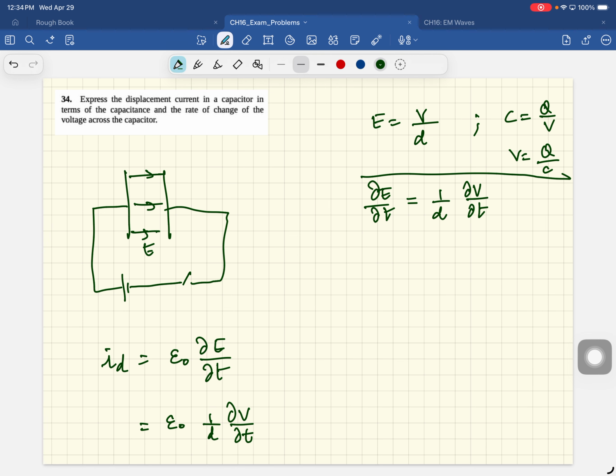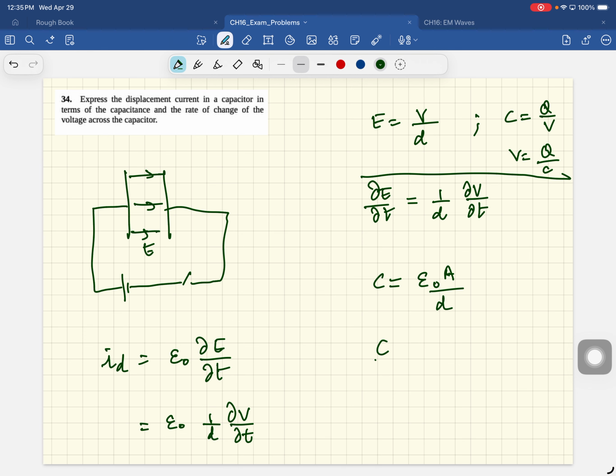Okay, so what do they want us to do? Express the displacement current in a capacitor in terms of the capacitance and rate of change of voltage. So we want to express this in terms of capacitance. Capacitance is epsilon naught area divided by d.